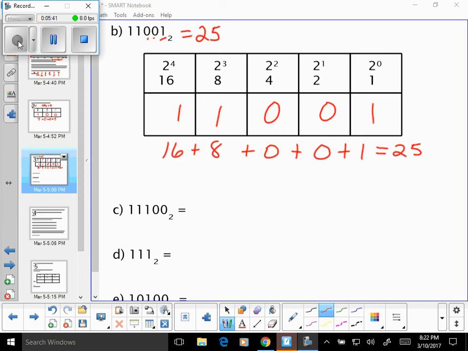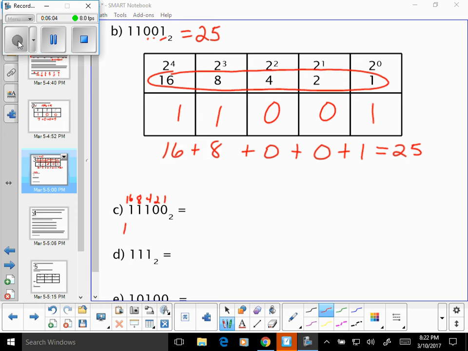So what happens if we don't have one of these table things? Because you can't go around making a table for everything. I write these numbers above the digits that I have. This is a 1, a 2, a 4, an 8, and a 16.